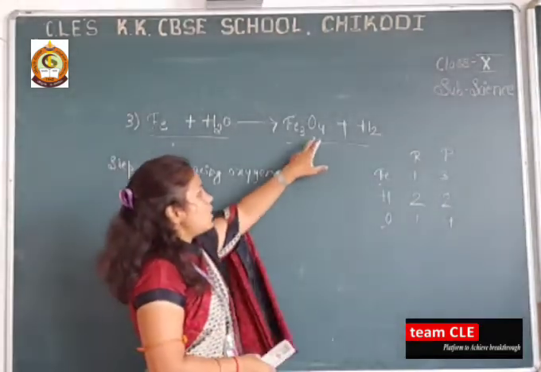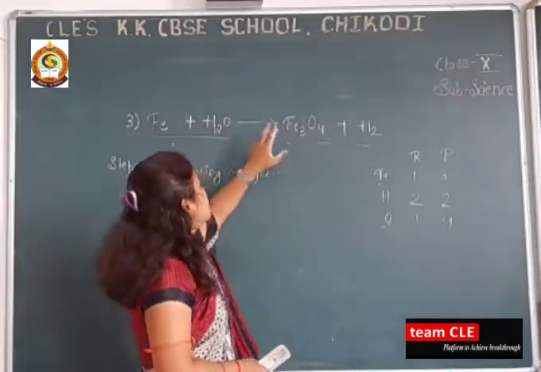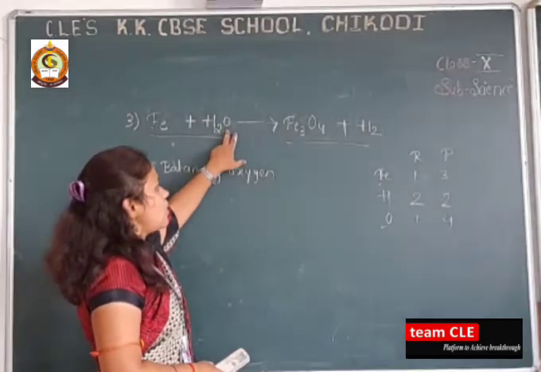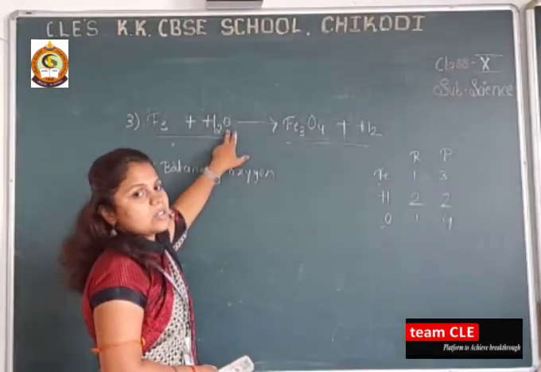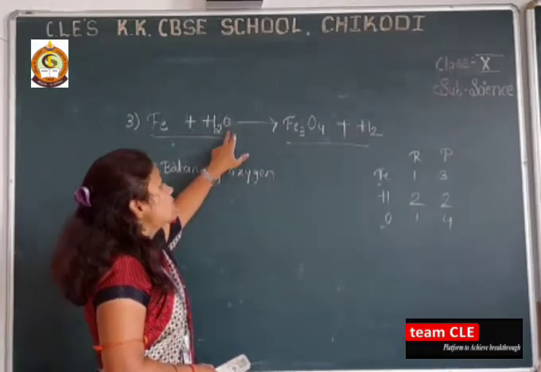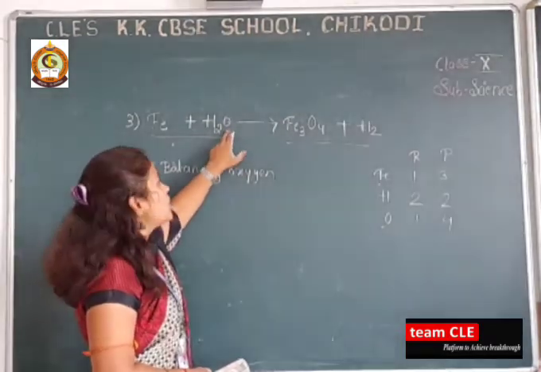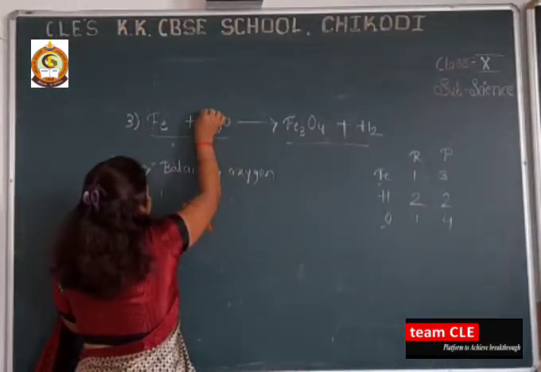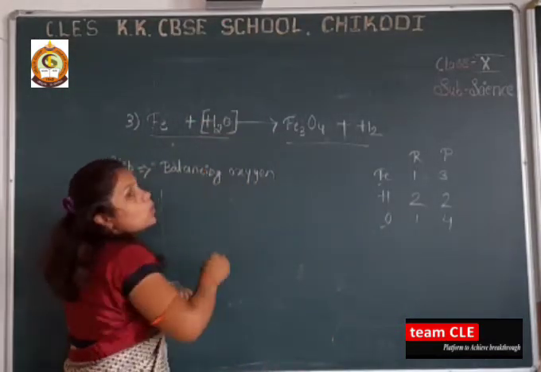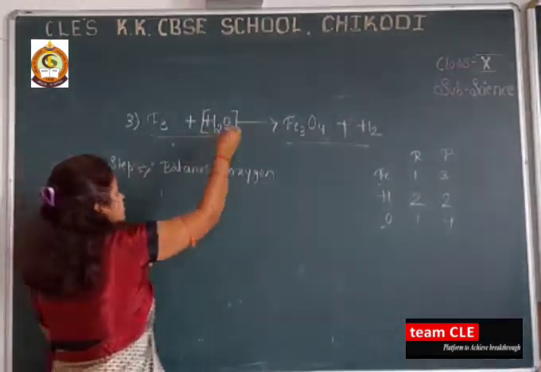So here what is the oxygen number? It is 4. So how many oxygen do we want? Totally 4 oxygen we want. So which number do we have to multiply with? With the number 4. With 4 we have to multiply the whole water.